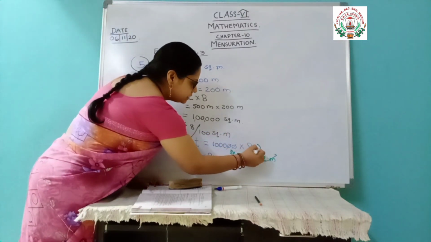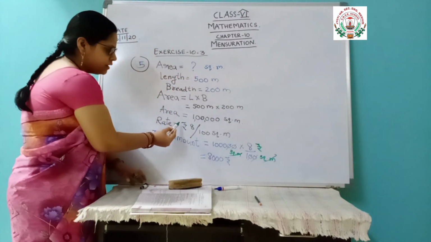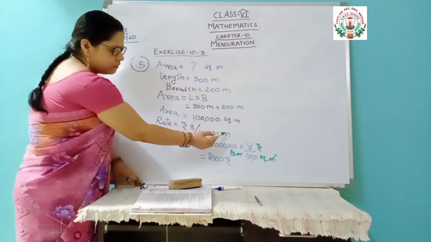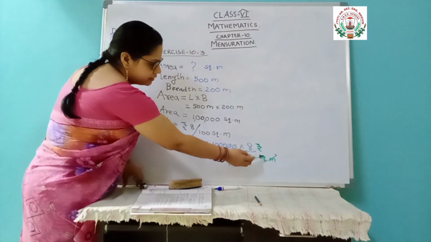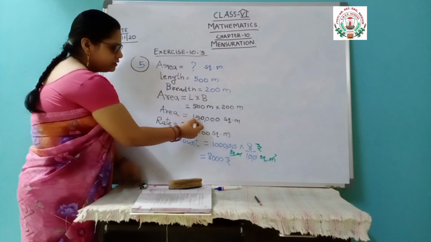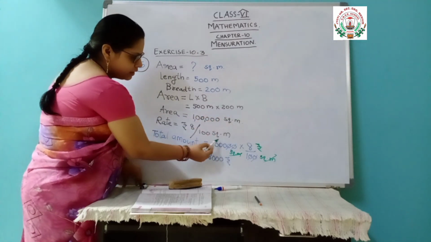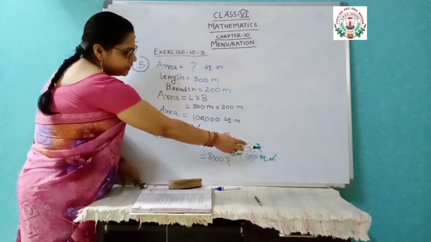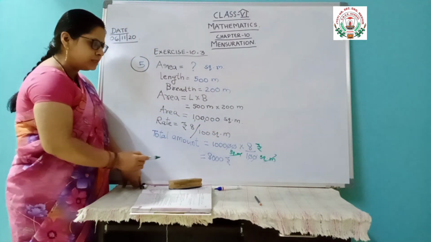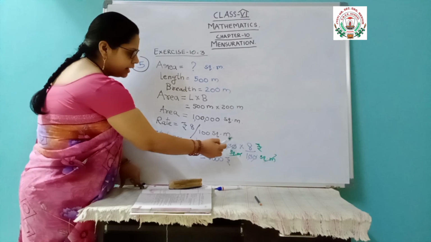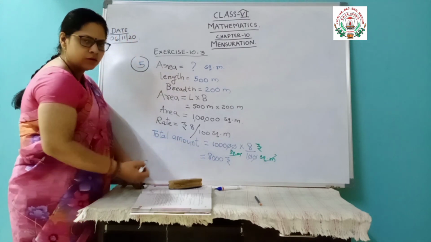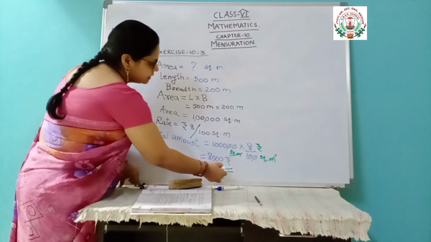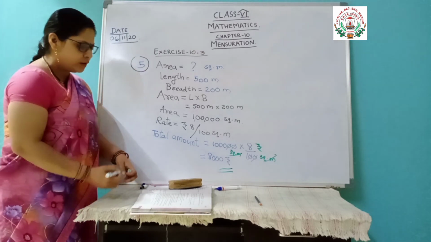Rupees 8 per 100 square meter, and area is this much square meter. So square meter got cancelled and only rupees 8 into 1000 remains. So 8,000 rupees you got as the answer. So understood this question?